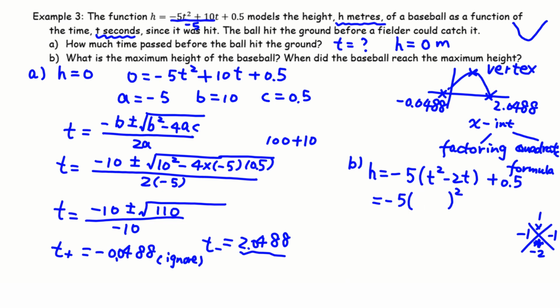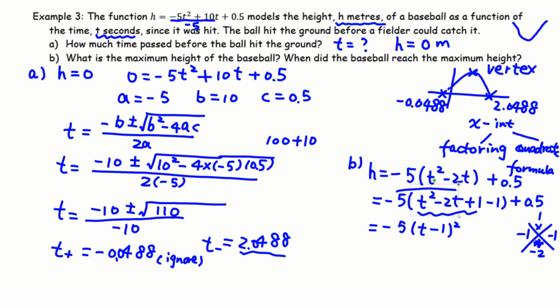So it means you are going to have t squared minus 2t, add this 1, and also take away 1 plus 0.5. So t squared minus 2t plus 1, two numbers add together to negative 2 and multiply to 1, you have negative 1, negative 1. That is simple trinomial factoring. So you have t minus 1 bracket squared.